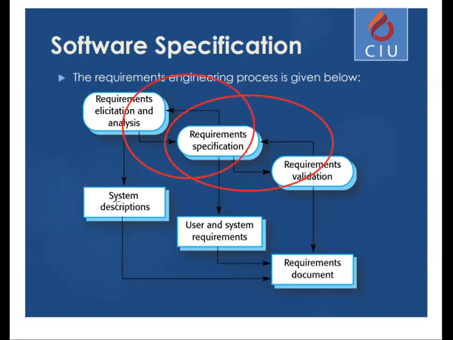And within the elicitation, you generate reports with each step. So when you do the elicitation and analysis, a system description report is created. When you do the specification, user and system requirements are delivered.